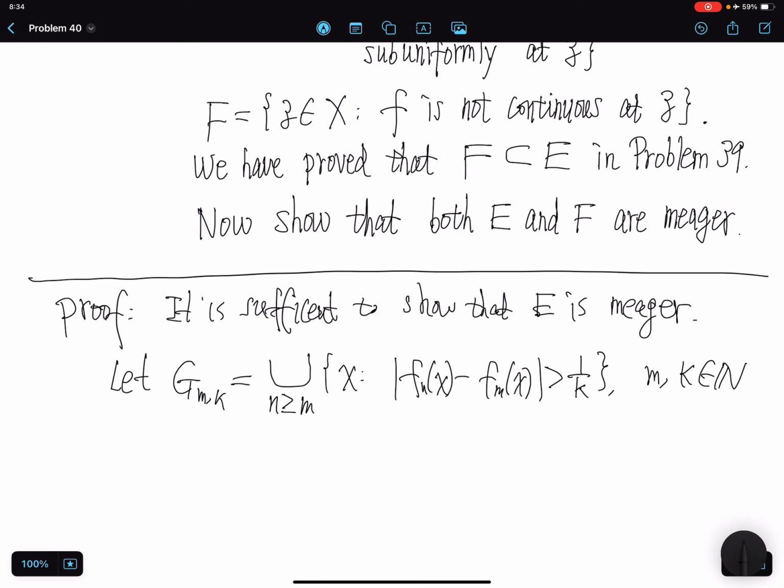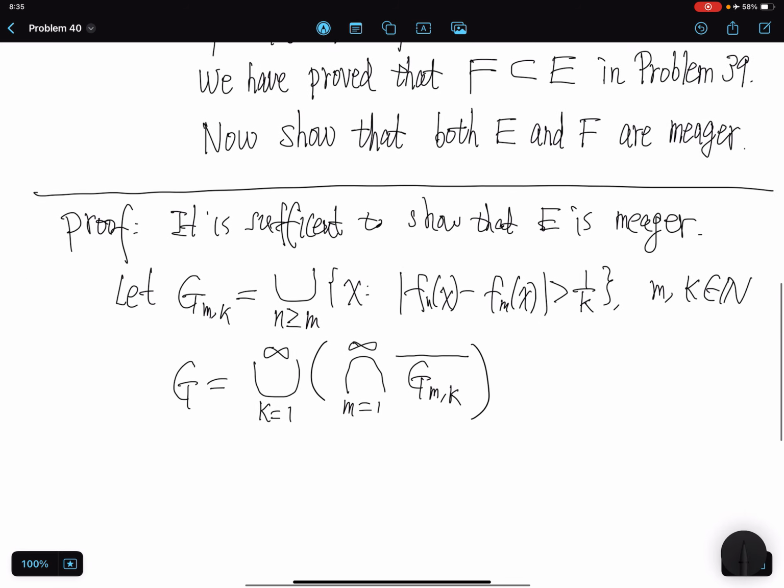This set is closely related to the definition of converging subuniformly. That's why we define this set. And then we let G be the union over K from 1 to infinity of the intersection over M from 1 to infinity of the closure of G sub M K. We will see later why we're doing this.